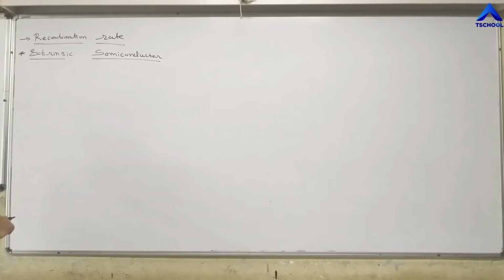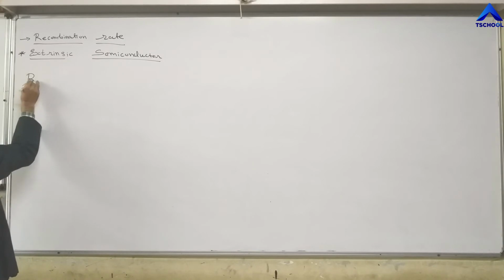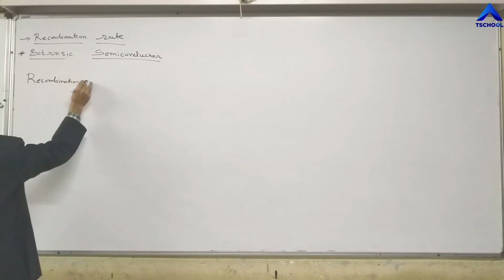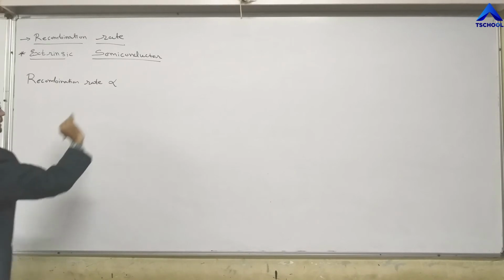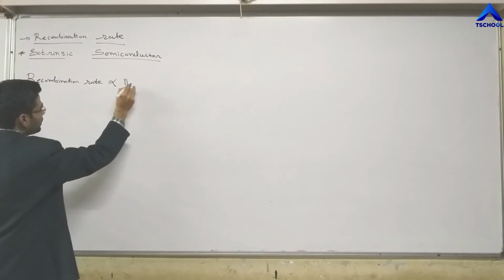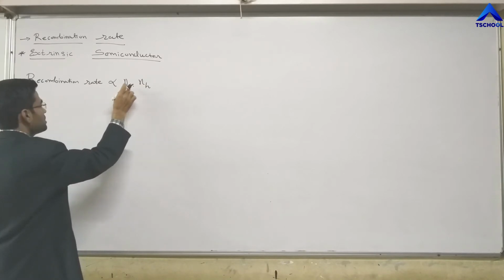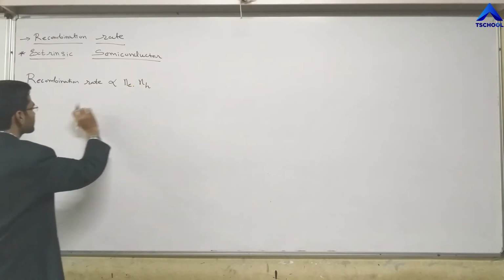In an extrinsic semiconductor, the recombination rate is directly proportional to the number density of electrons, Ne, times the number density of holes, Nh.